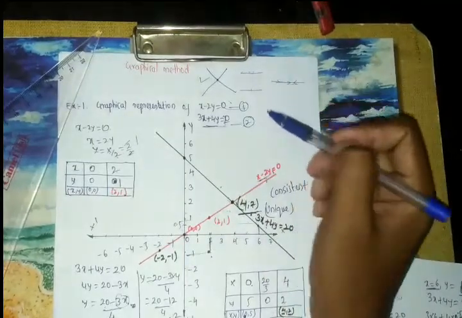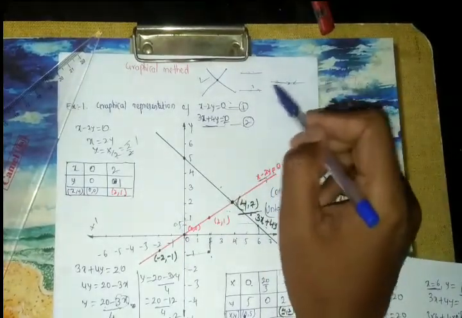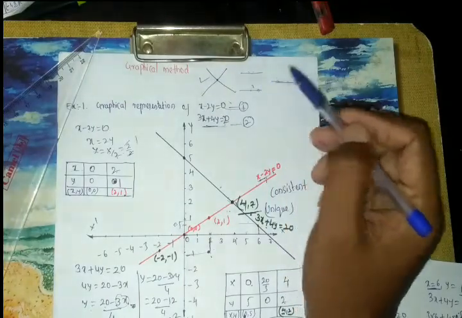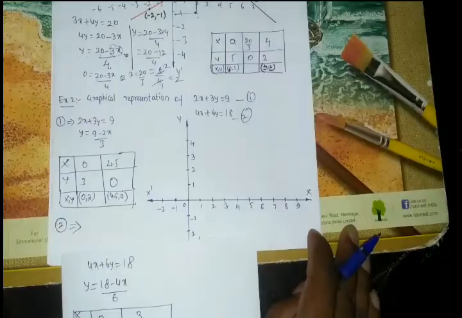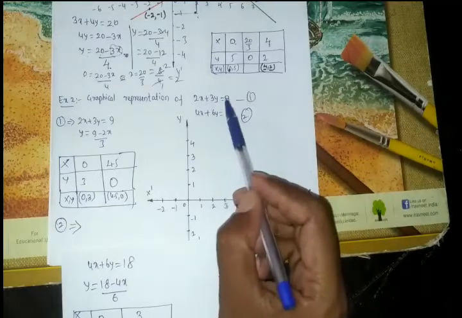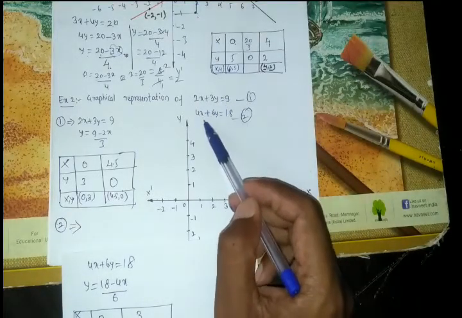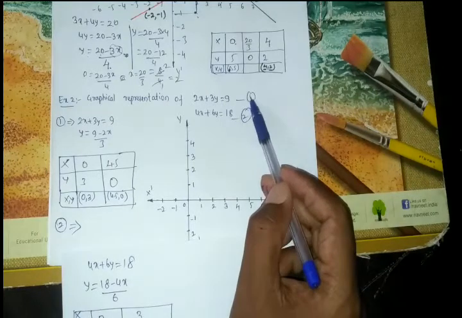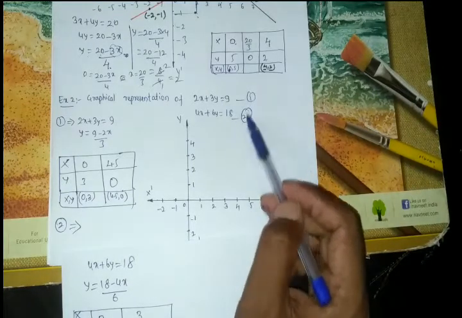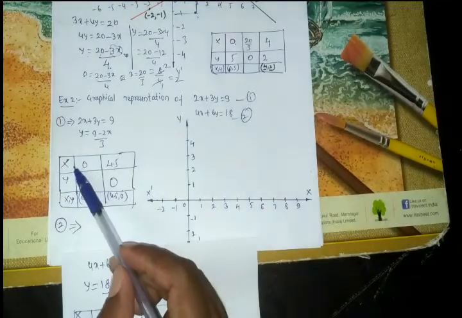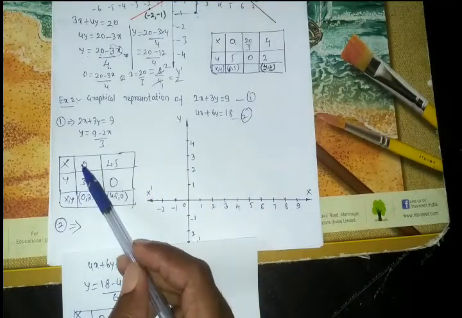Now let us go with the remaining two possibilities. Let us consider the equations 2x plus 3y equals 9 and 4x plus 6y equals 18. Let us try to plot these two equations on the graph. So let me get the values of x and y.